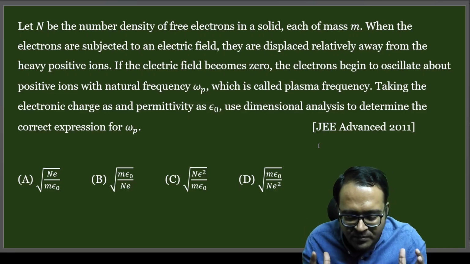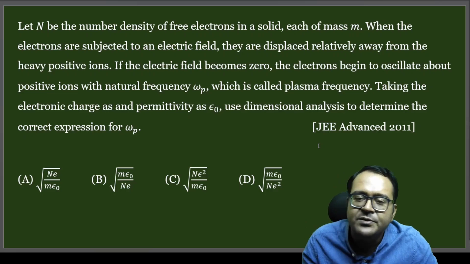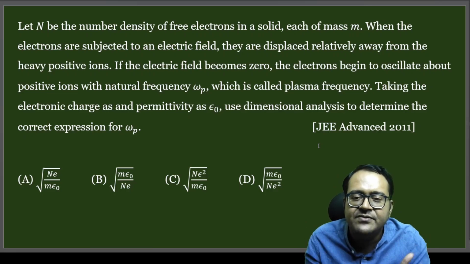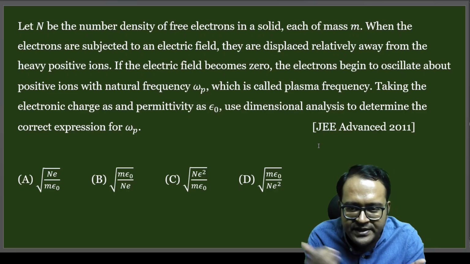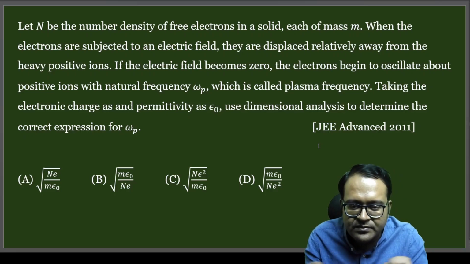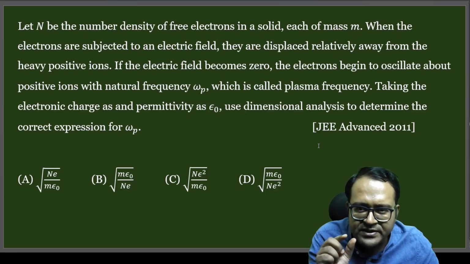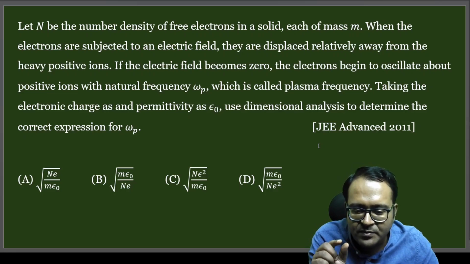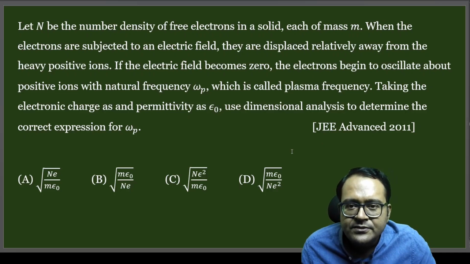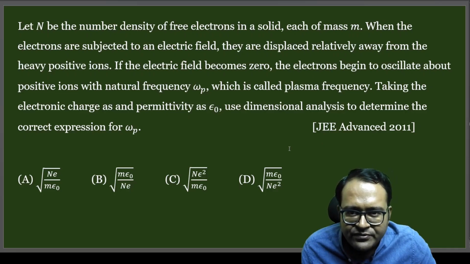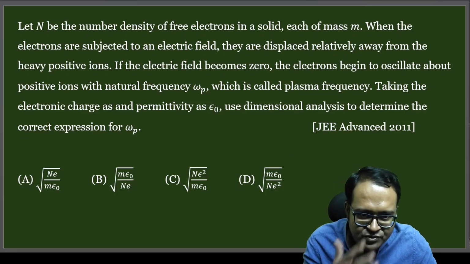If you have an atom, we have a nucleus, the core with positive charges, and peripheral electrons with negative charges. So if you place an electric field, both will go in opposite directions. So there will be a separation between the positive charges and the negative charges. Then if you remove that electric field, the electron will begin to oscillate. Think about the situation.